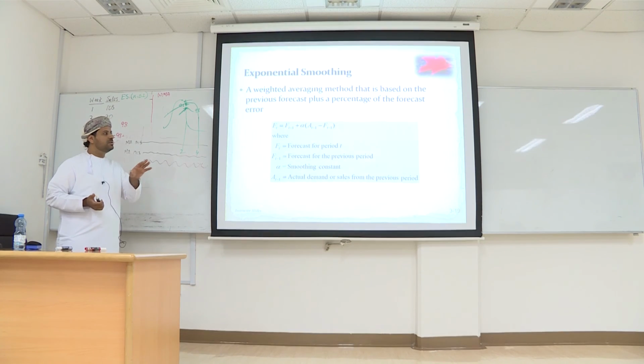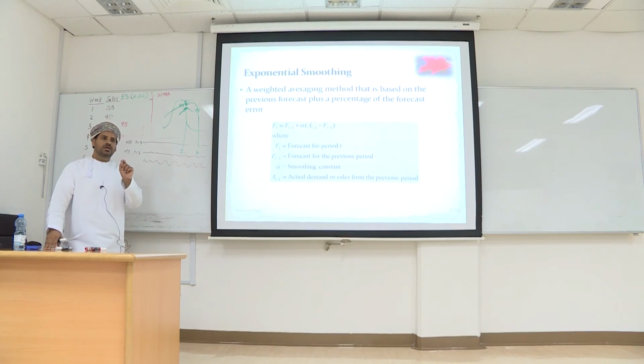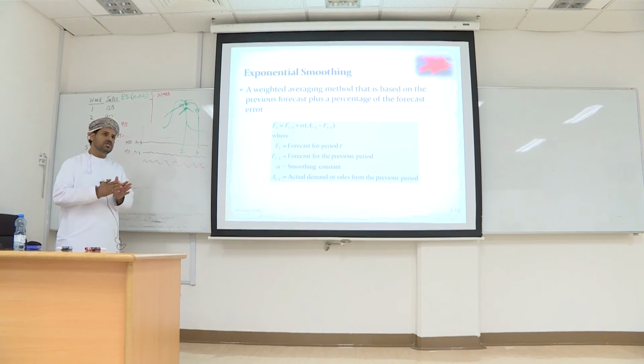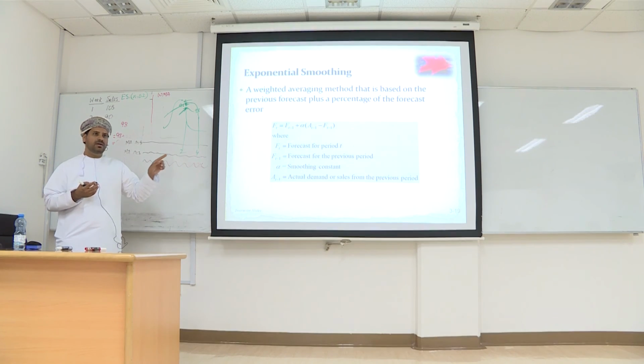But we should be aware that this exponential smoothing is only the basic one. As I told you, although exponential smoothing is classified as an averaging technique, like moving average and weighted moving average, in fact, exponential smoothing is from a different family. As you can see, the formula is different. In fact, we have the basic exponential smoothing that we're applying here, exponential smoothing with trend, exponential smoothing with seasonality, and exponential smoothing with trend and seasonality.